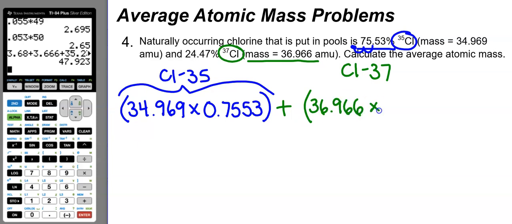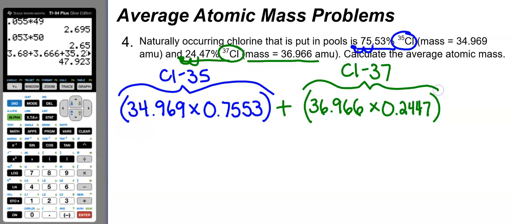And then we're going to multiply that by its percent abundance, which for chlorine-37 is 24.47%. Let's convert that to a decimal, move that decimal point 2 times. So as a decimal, that's 0.2447. Close that set of parentheses, and that's our work for chlorine-37.